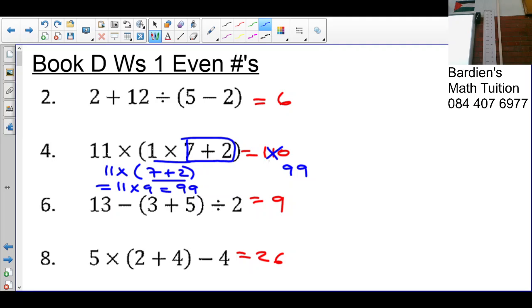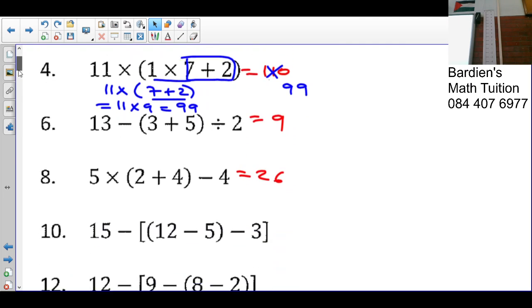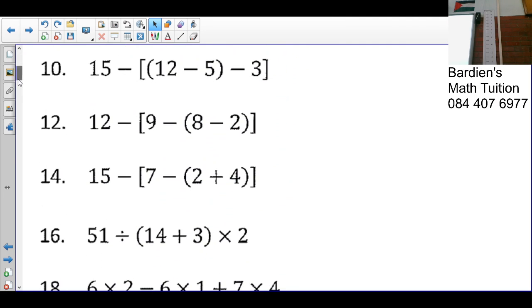Number 6, any issues here? Number 8? No? Let's look at number 10. What's the answer here? 11. Then? 9. Then? 14. Then? 6. Any issues with the first one? Number 10? Number 12?